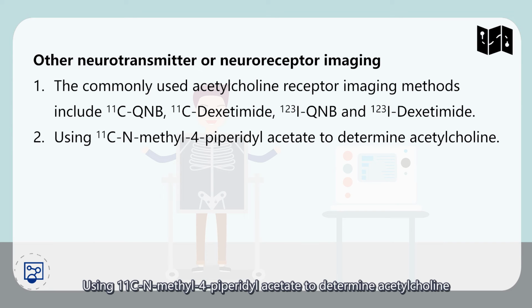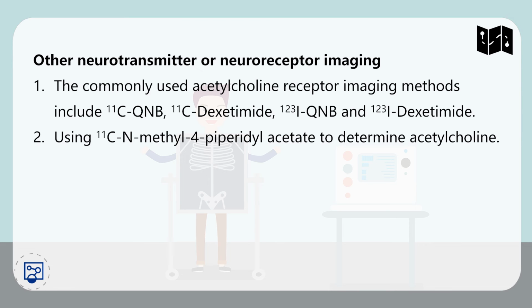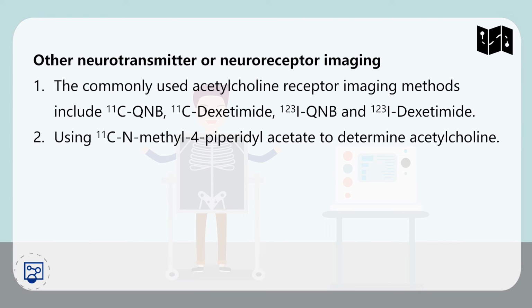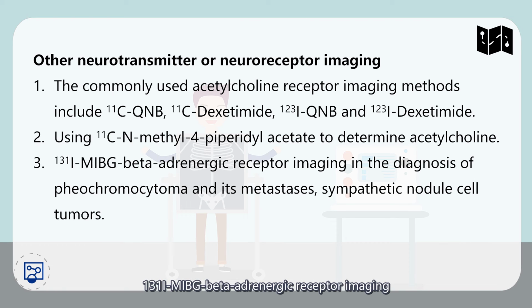Using carbon-11 labeled N-methyl-4-piperidyl acetate, an acetylcholine analog, it was found that acetylcholine was significantly reduced in patients with Alzheimer's disease, which supports the hypothesis that dementia is related to cholinergic system defects.